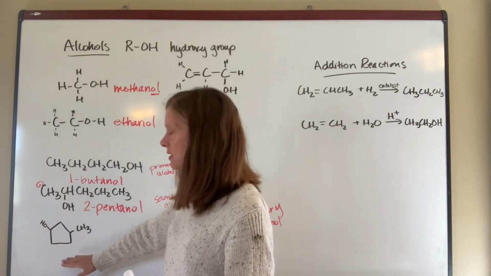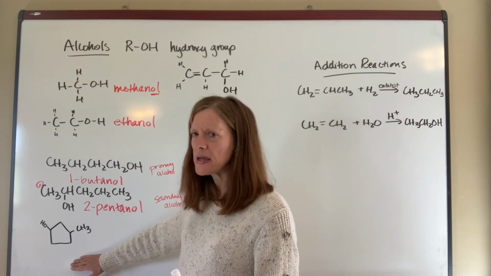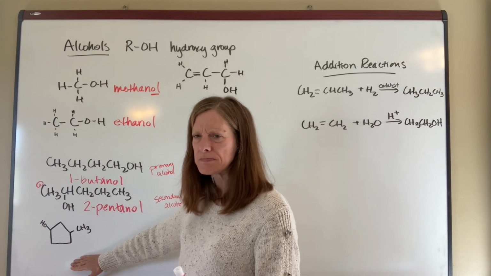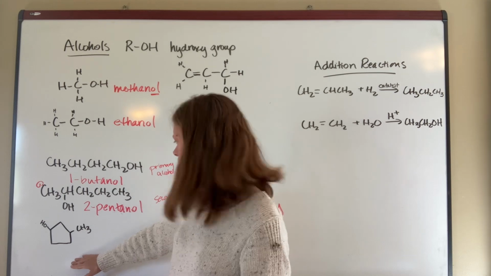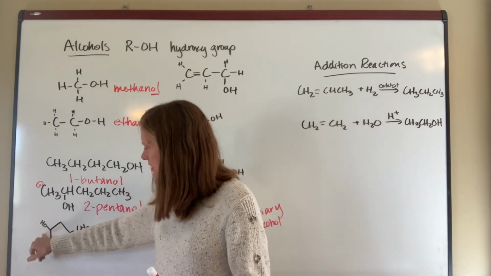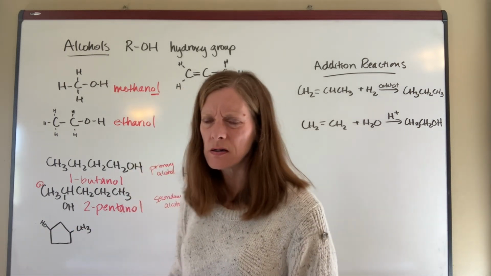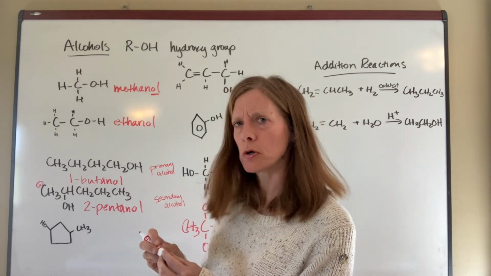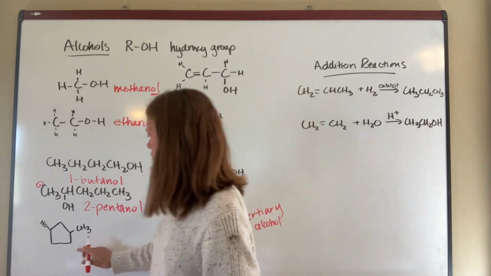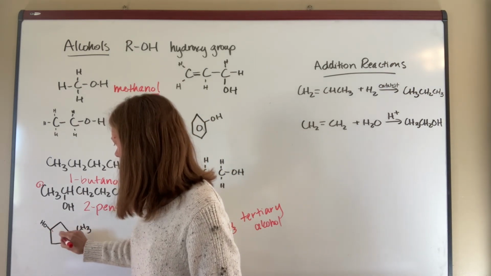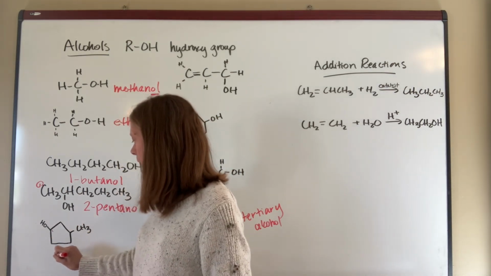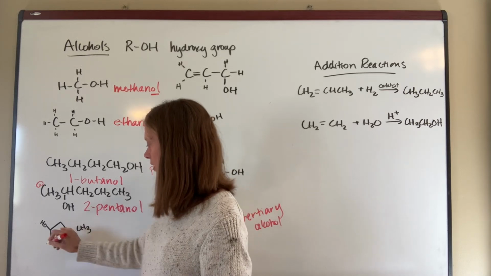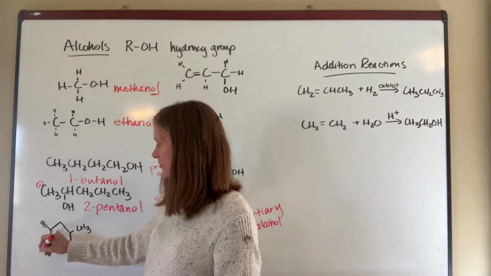If I look at this one right here, I'm going to give the methyl group the lowest possible number. So this is going to be the number 1. And so I'm going to go around in such a way so that I give this one the lowest possible number if this has the number 1.